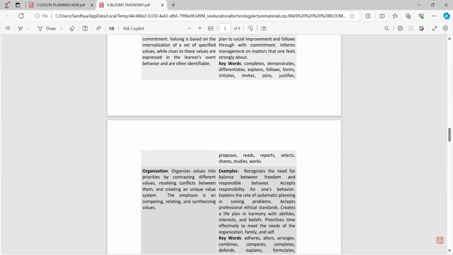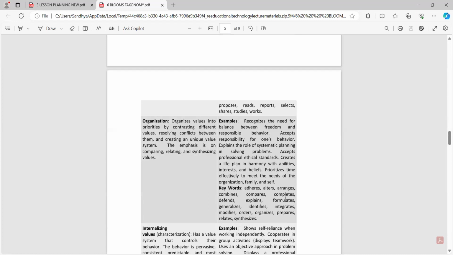Then organization. Organization is now, of course, as you value that attitude, now you get organized, right? You want to do it willingly. If not, now even if you don't put them into groups, they might ask, teacher, we will work in groups because it's fun and it's really good and we can do better. They will organize it.